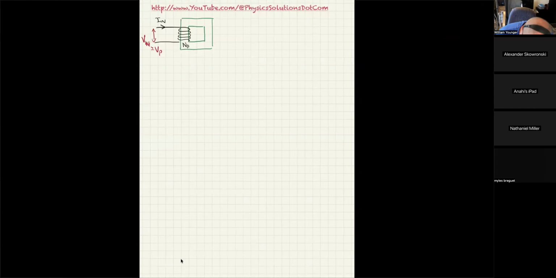Now, on the other side, we're going to have a different number of turns, like that. This side, the number of turns will be N sub S for N secondary. And of course, out will come a current. And again, we'll also have an output voltage V out, which equals V secondary. And there's going to be an outputted current as well. And that's related somewhat to it.